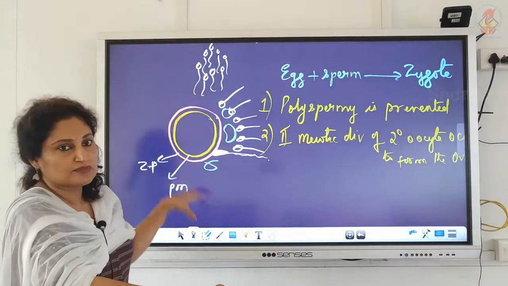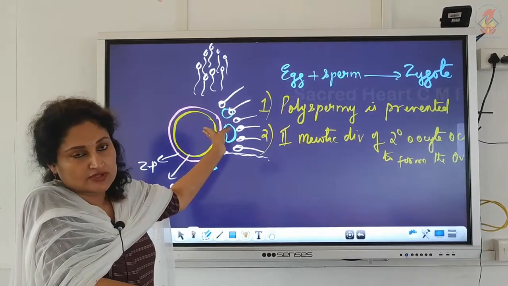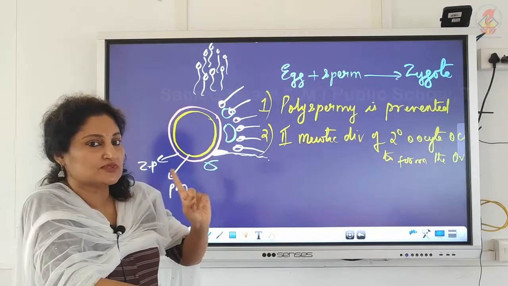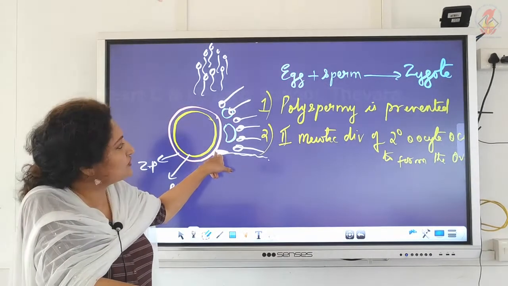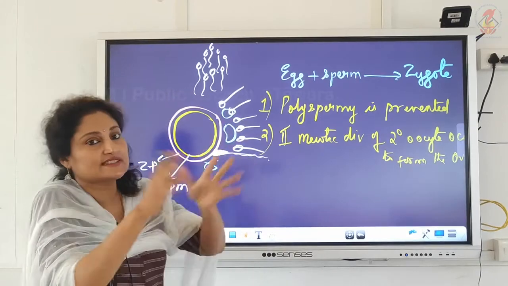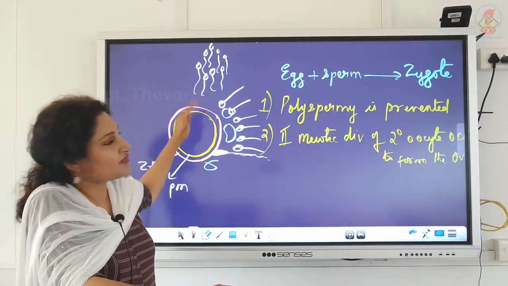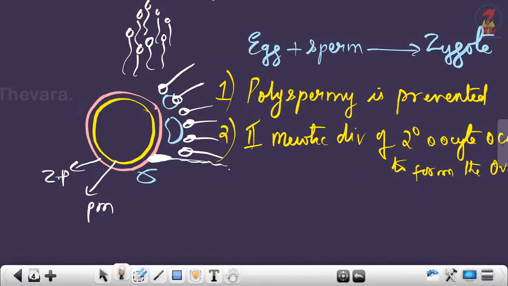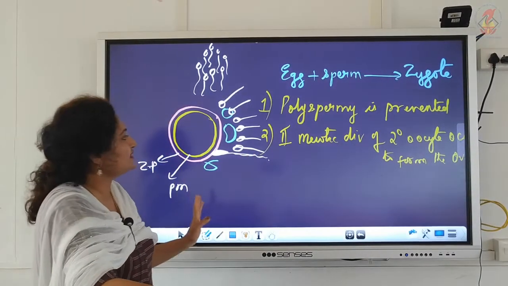A number of sperms try to make their way through all the layers surrounding the egg, and only one sperm successfully penetrates, and when it comes in contact with the zona pellucida, signals are sent to the periphery. They are chemical signals blocking other sperms from entering. So that I have given in brief. Polyspermy is prevented, so other sperms do not make their way. Only one sperm is successful in entering the cytoplasm.